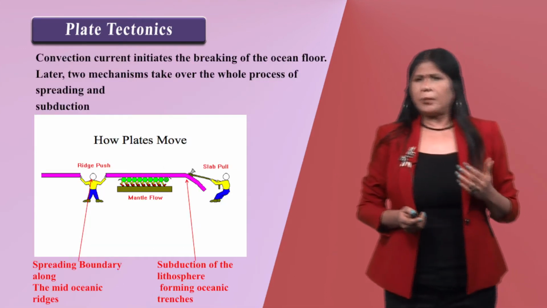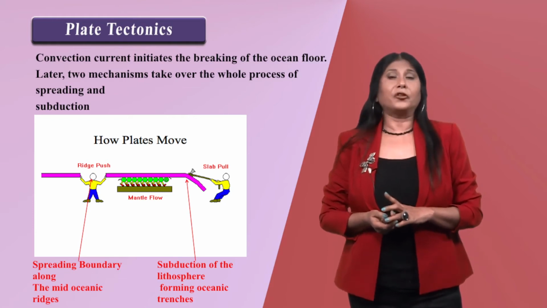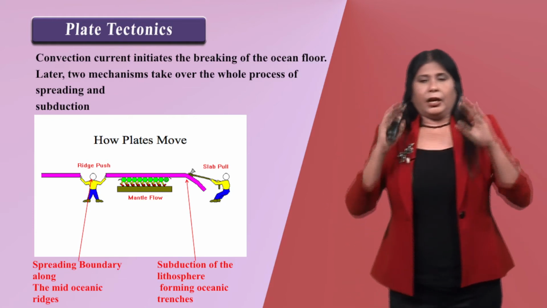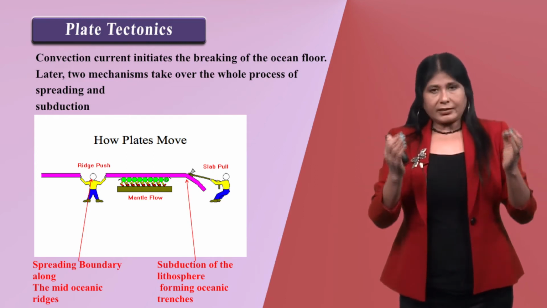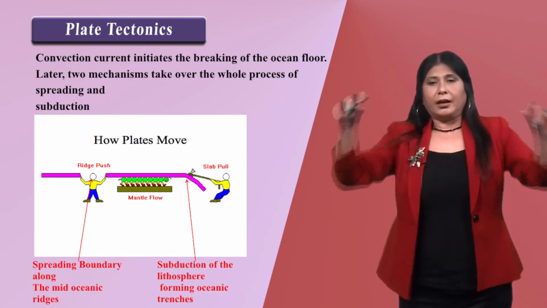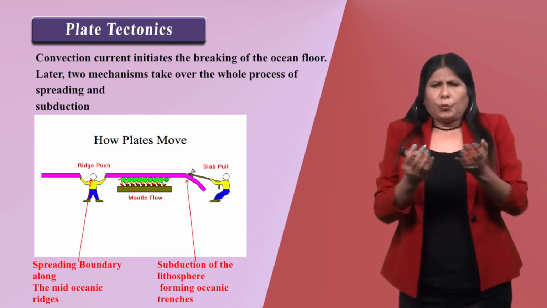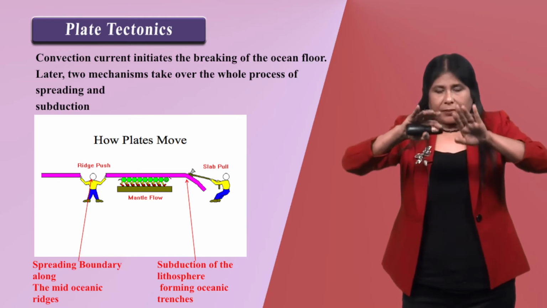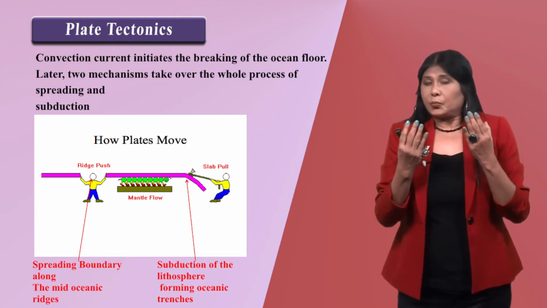This is a very self-explanatory diagram and very important for us to understand. The whole movement of sea floor spreading starts with the convection current, but once it starts pushing, there is another force that comes in, the ridge push.